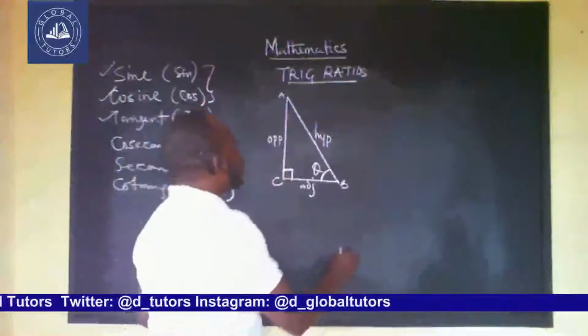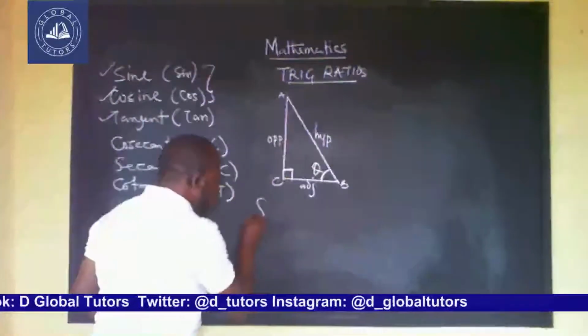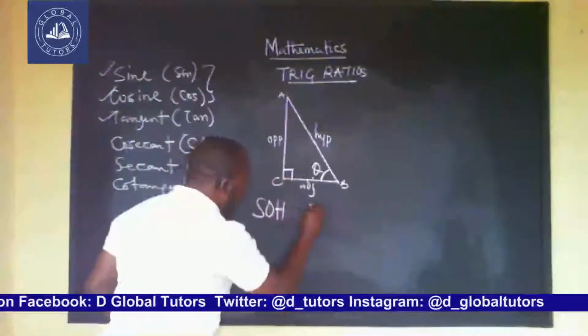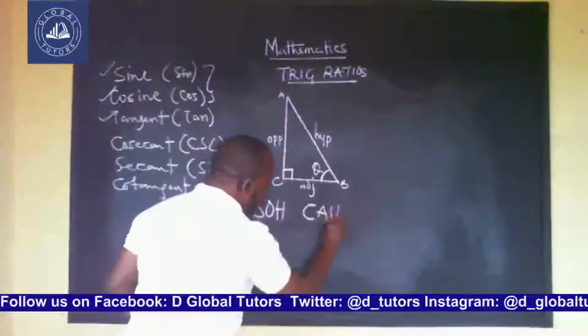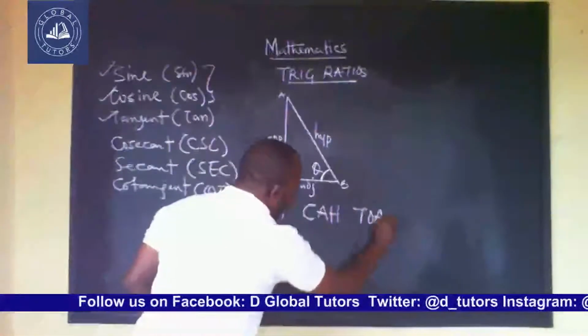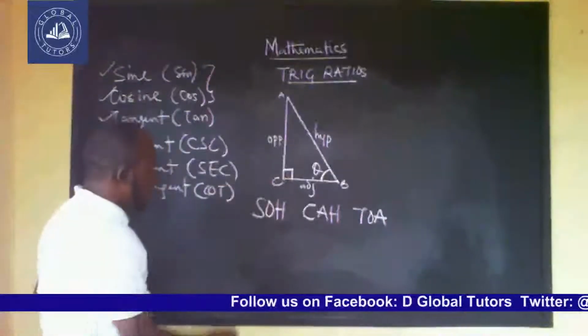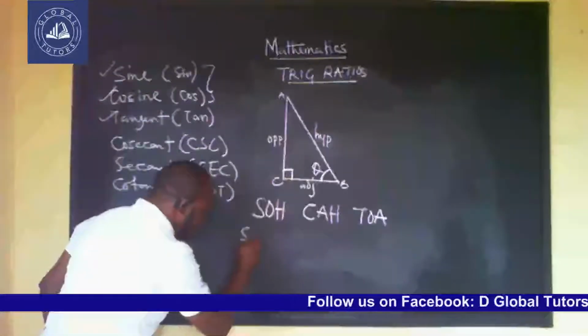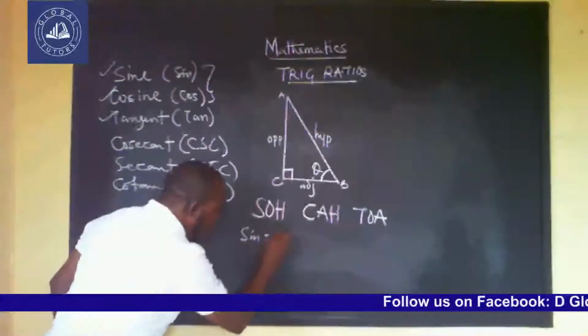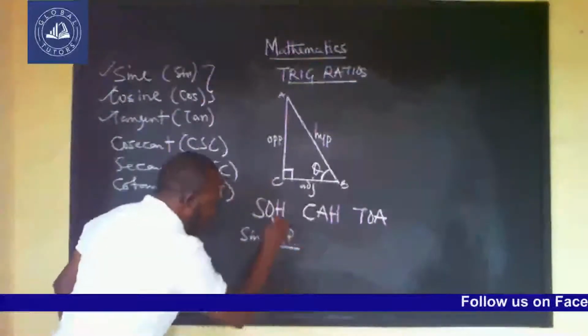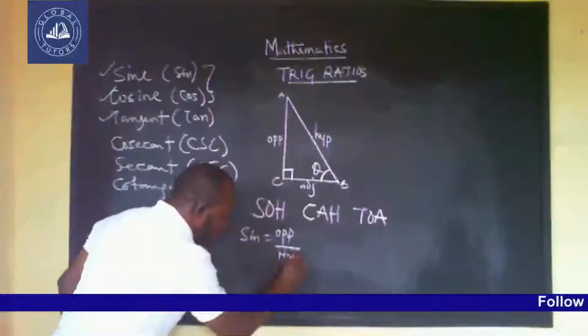Now, we need to know the concept called SOHCAHTOA theorem. Now, what is SOHCAHTOA theorem? The first one, sine theta equals O, opposite, over H, hypotenuse.